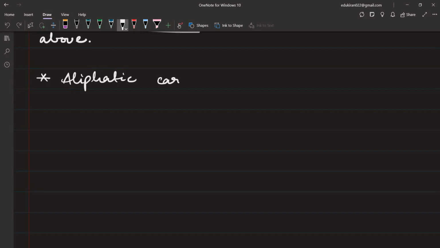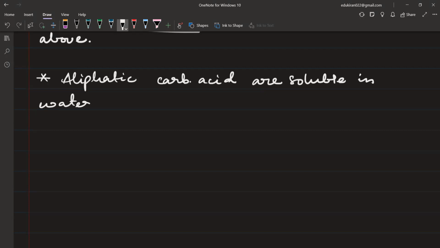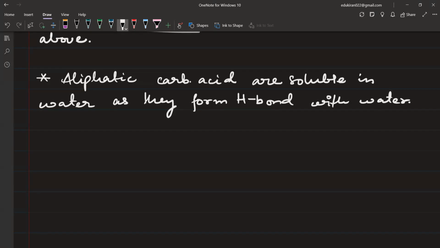Aliphatic carboxylic acids are soluble in water as they form hydrogen bonds with water. How can they form hydrogen bonds with water? So this is water molecule.